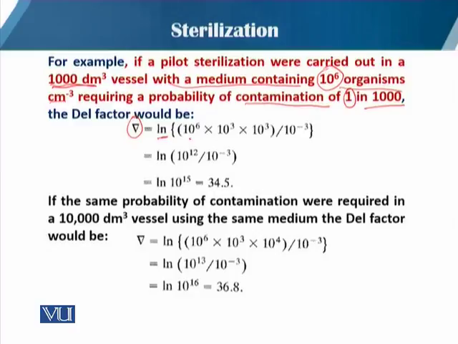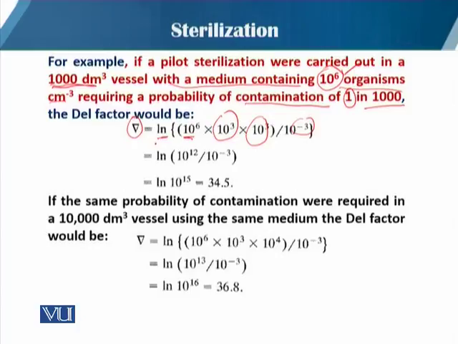ln of 10 raised to power 6, the microbial load or the number of the contaminants or survivors, multiplied by the vessel volume, divided by the probability of contamination, 1 in 1000, that is 10 raised to power minus 3.